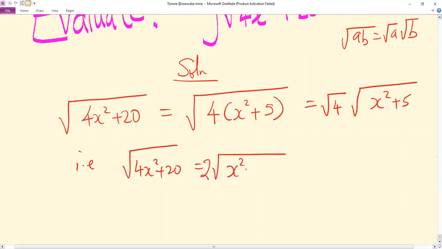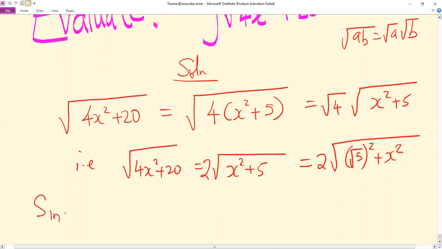Root of (x squared plus 5), which you can write as 2 times the square root of 5 squared plus x squared.